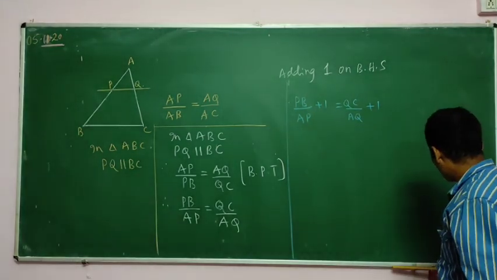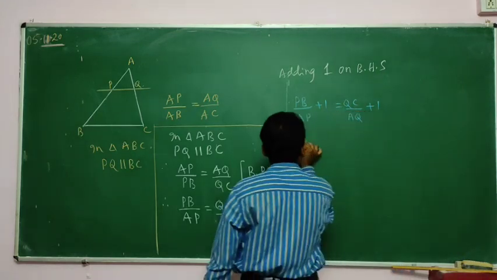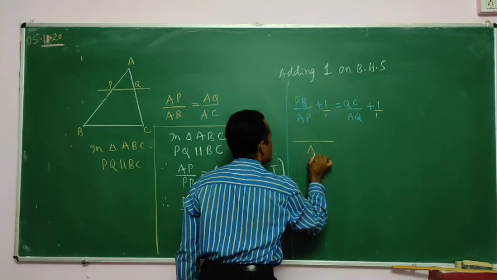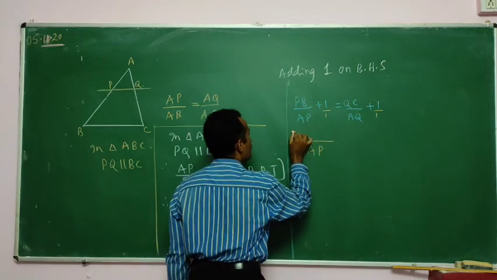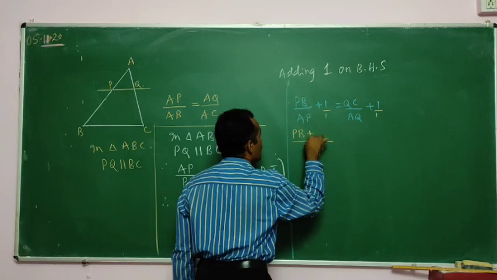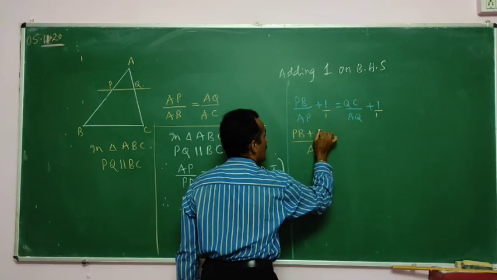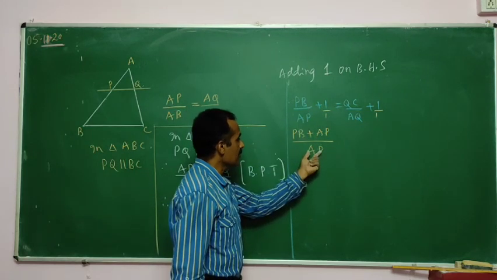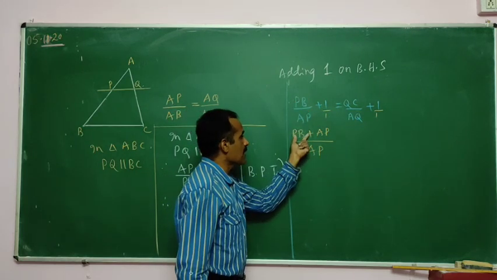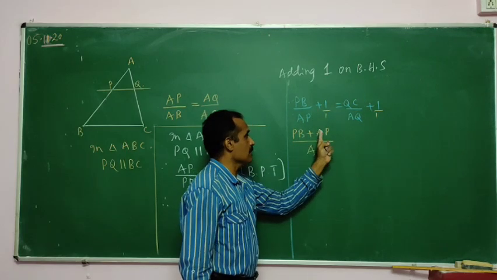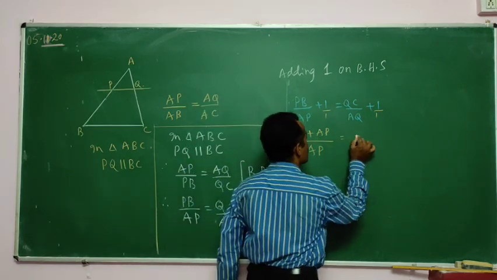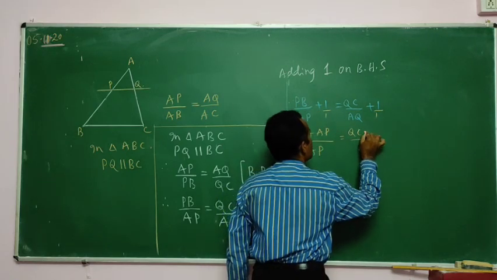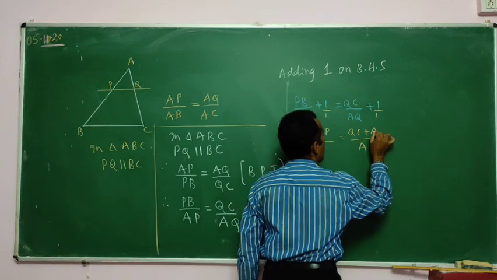Come on, what will happen now? I'll take the LCM. The LCM is AP, and the numerator is PB plus AP. On the other side, the LCM is AQ, and the numerator is QC plus AQ.